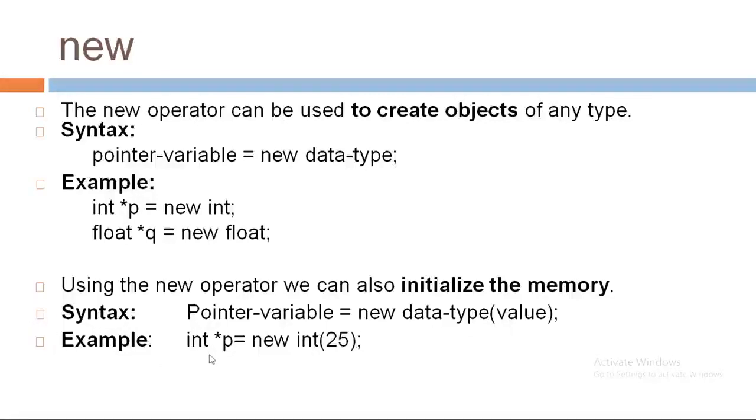An example is int star p equal to new int 25. Here 25 is the value which is going to be initialized to the memory location which is pointed by pointer p. With using new operator we can initialize also our memory locations.